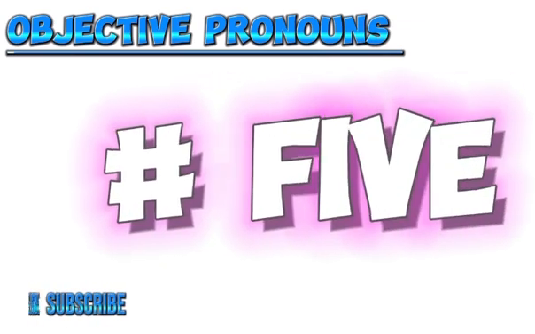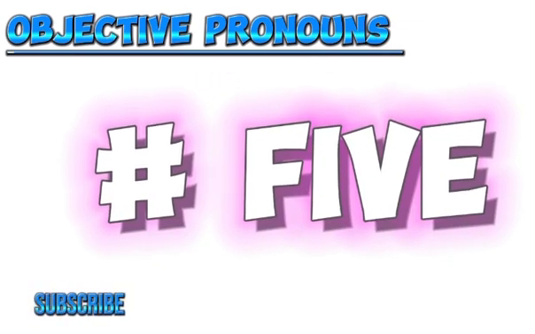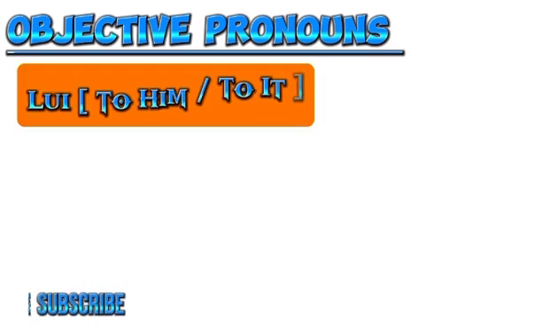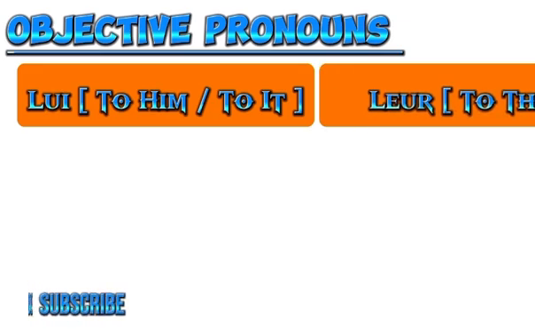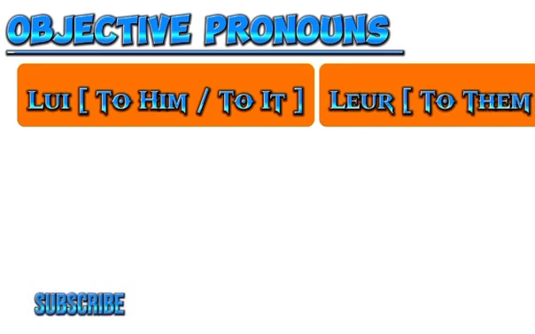Moving on, let's take a look at another objective pronoun in French, and this is lui, which means to him or to it. This takes the plural of leur, which means to them.